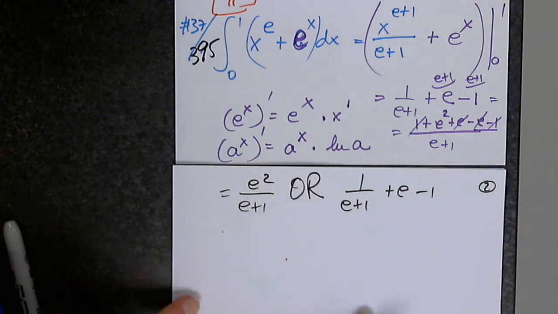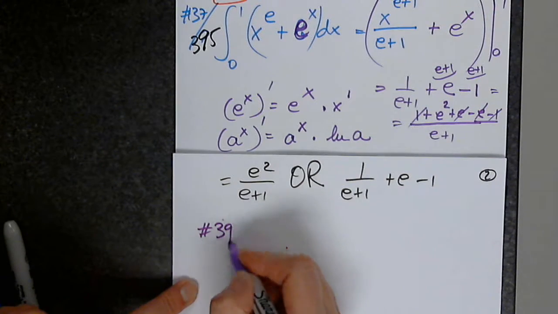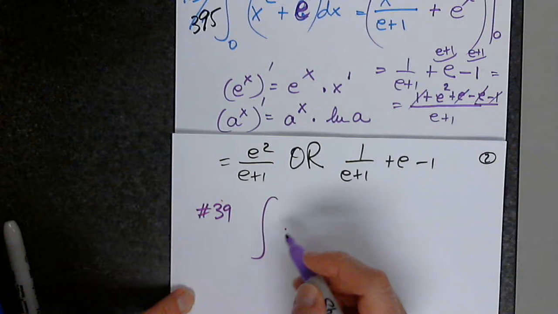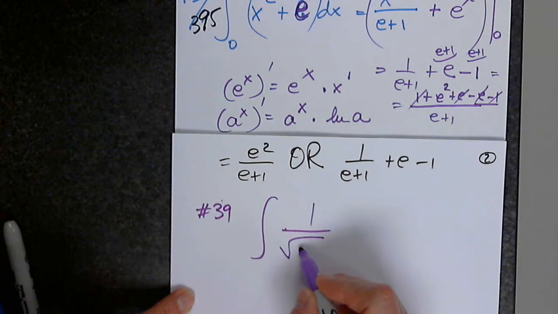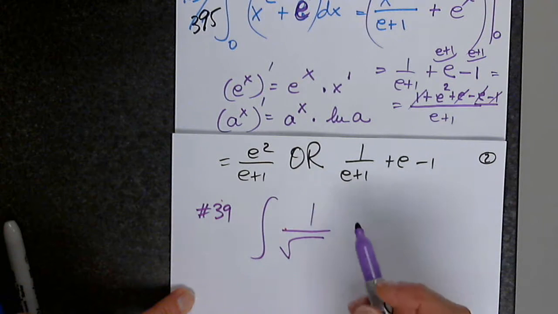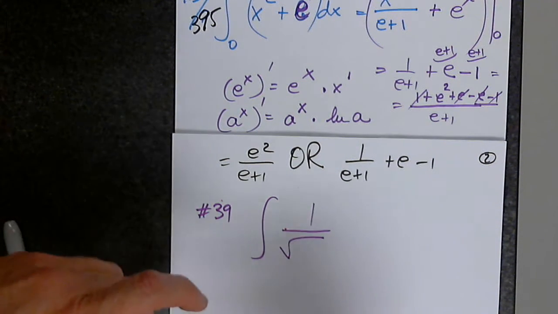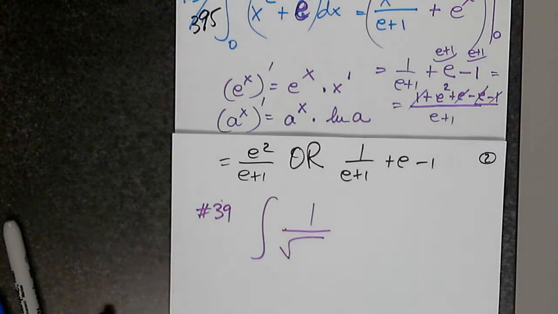Number 39. I would rather you dictate it to me, but if you want, I can open the book. So it's the integral of 1 over the square root of 3. Oh, sorry, like the bottom and the top limits. So the bottom limit is 1 over square root of 3, and then the top limit is square root of 3. So you said 39 on 395?